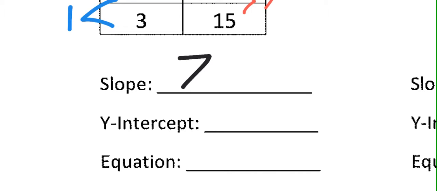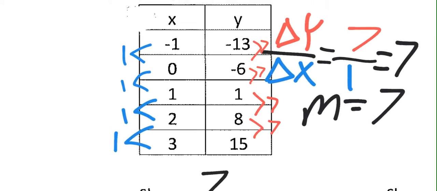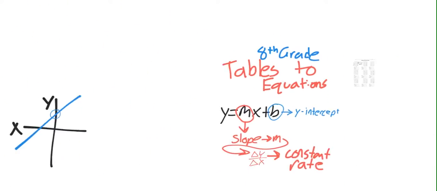That was pretty straightforward. Our y-intercept, I'm going to go back to this graph that we had a minute ago. Our y-intercept, yes, it's where we cross on the y-axis. But the value, if you look right here, the value of x when we're at our y-intercept is 0.